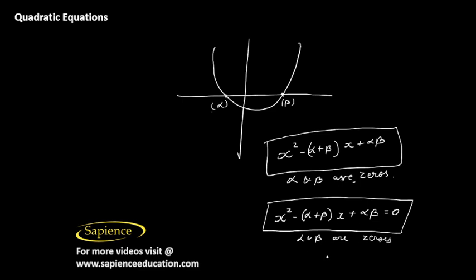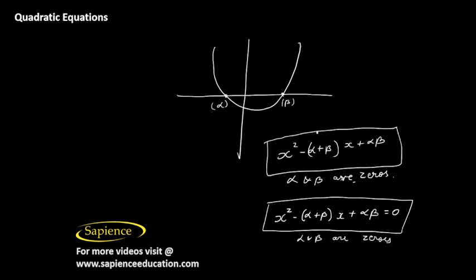So any quadratic equation can be converted into this format: x square plus some constant into x plus some constant equal to 0. Any quadratic equation can be converted into this format.